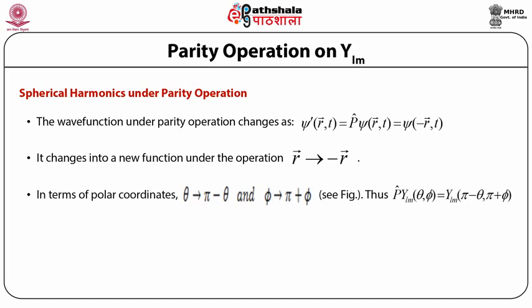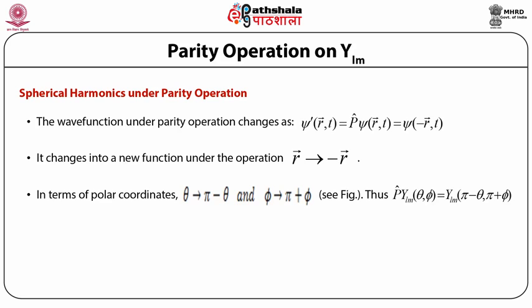In terms of polar coordinates, the parity operation changes the angle theta to pi minus theta, and the angle phi to pi plus phi. Thus, the parity operator acting on the spherical harmonic Y_L^M(theta, phi) will return the spherical harmonic Y_L^M(pi minus theta, pi plus phi).